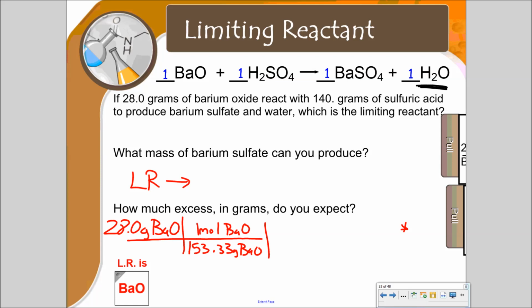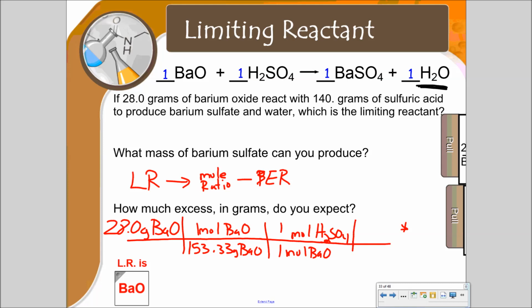And then we're going to do a mole ratio between the barium oxide and the excess reactant. All right, so barium oxide to moles of H2SO4, and that's the 1-to-1 ratio.